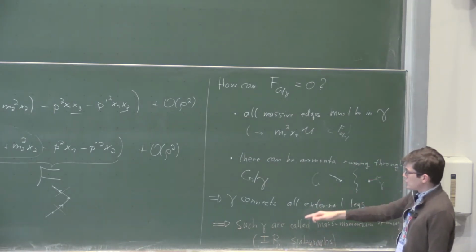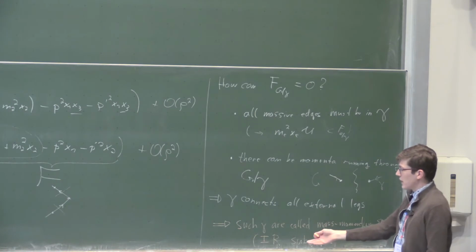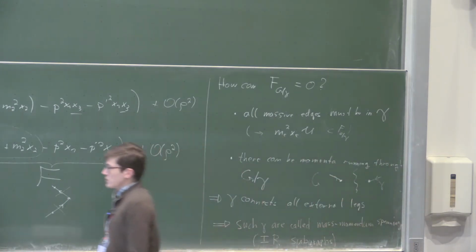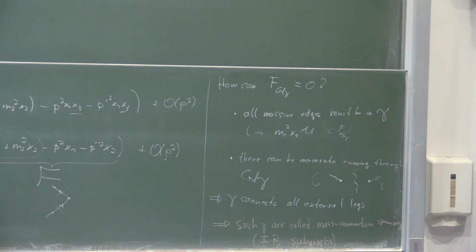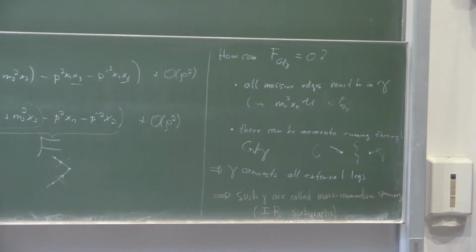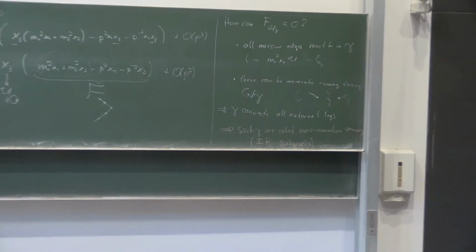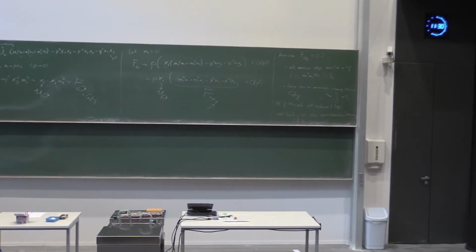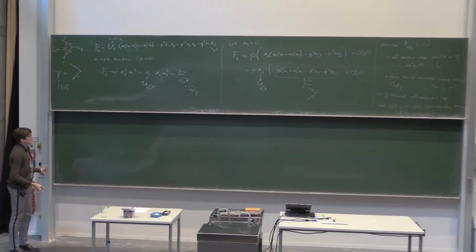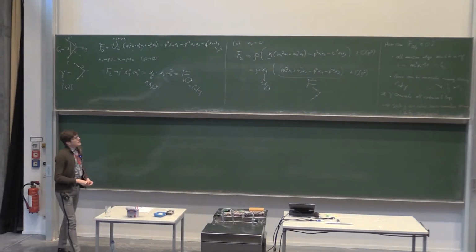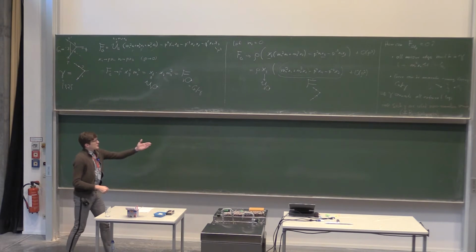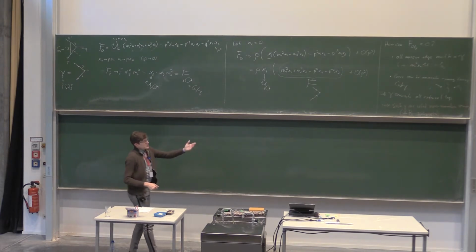So you call a graph which is mass momentum spanning an IR graph, and the other ones are UV graphs. And they change the power counting. And then if you have such a graph, because of the changed power counting, the condition changes.